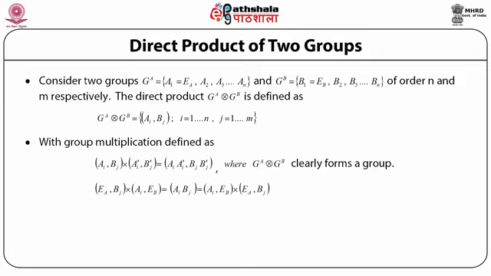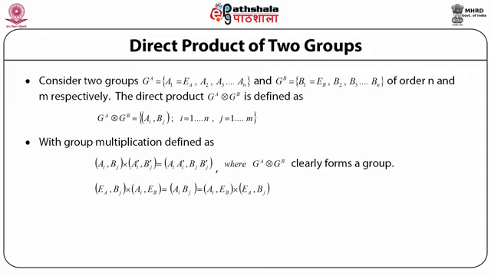Ai Bj and Ai' Bj' are elements of the direct product group. The multiplication is defined as Ai Bj into Ai' Bj' is equal to Ai Ai', Bj Bj'.